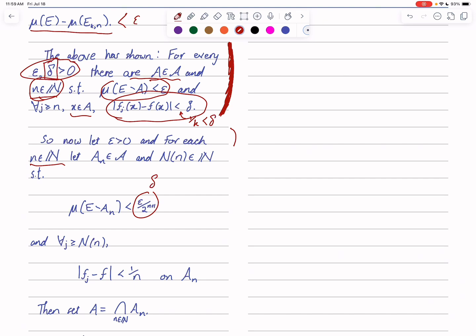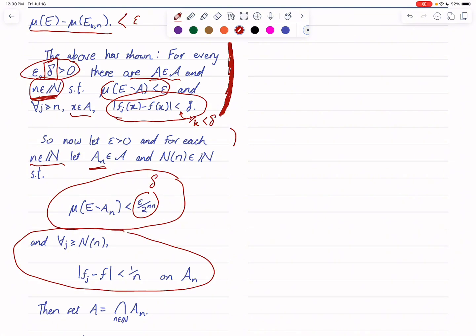Let n again be the corresponding index, and let A_n be the corresponding set, such that this inequality holds, and we just take everything that is given to us in what we specified above: the separation between the functions is smaller than 1 over n on A_n.